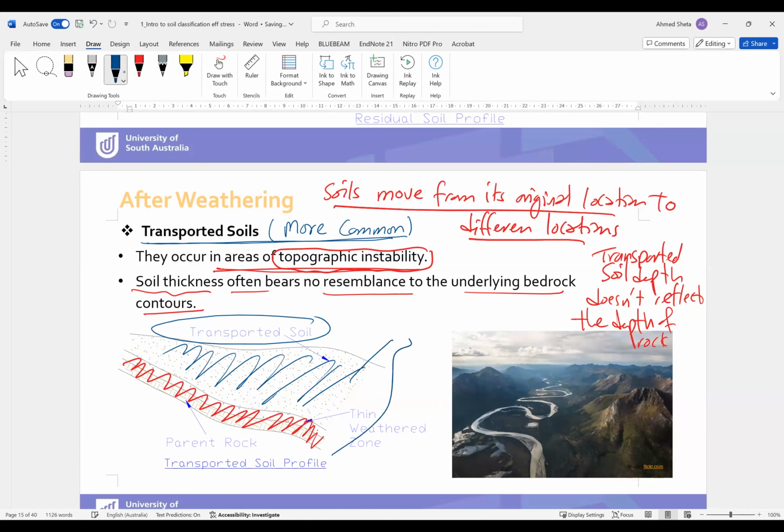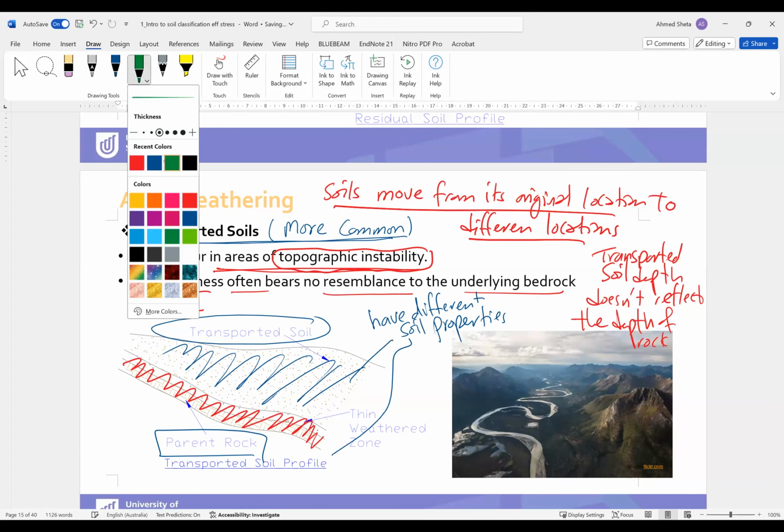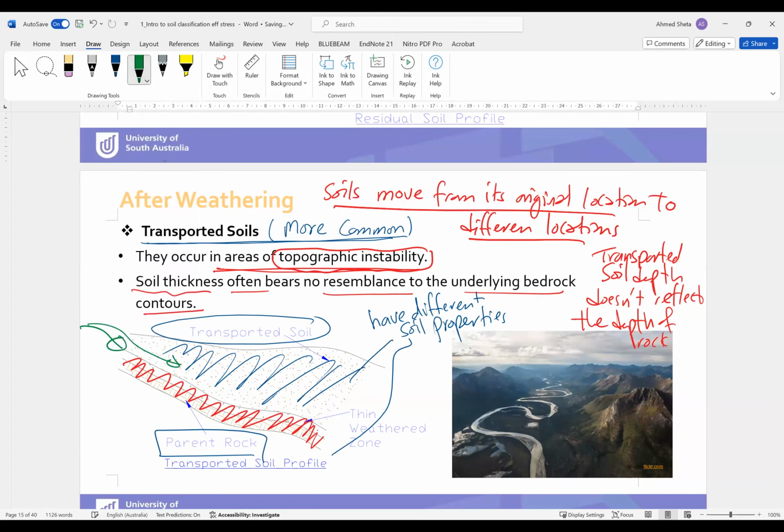Because they originated from different soil types, they have different soil properties. The parent rock was originally here, but the transported soil came from another place. That's why they cannot have the same properties.